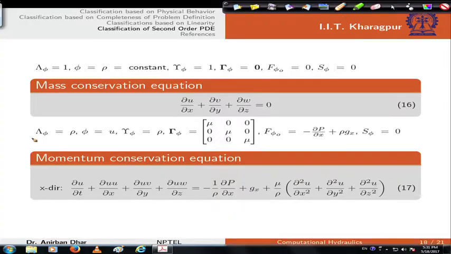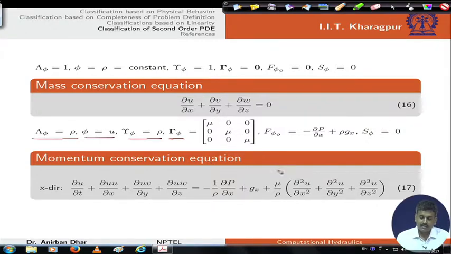Again, if we use lambda equals rho, phi equals u which is velocity in the x direction, epsilon equals rho, and the diffusion coefficient tensor with dynamic viscosity, and body force including pressure and gravity force, S phi is 0.